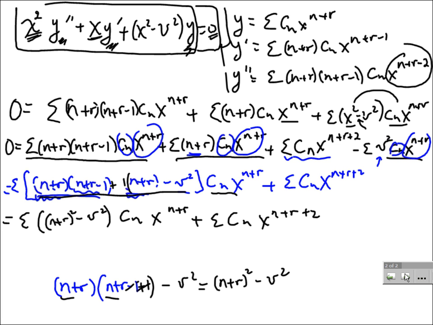Now, to save a little time and space, we can factor out an x to the r, which just means the plus r goes. That is, the first power of x will just be x to the n. The second one will just be n plus 2.